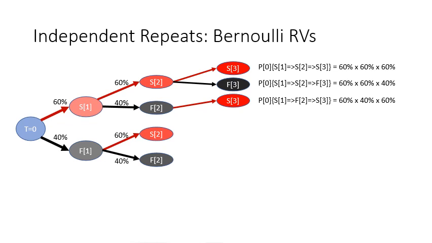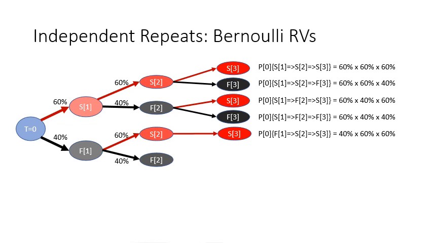So we just multiply the 3 probabilities, 60% times 40% times 60%, to get the probability of this particular branch at time equals 0. And similarly, on this branch, if we have failure at the last step, then we have 60%, which was the success at the first step, times 40%, the 2 failures that followed. And again, this is the probability at time equals 0.